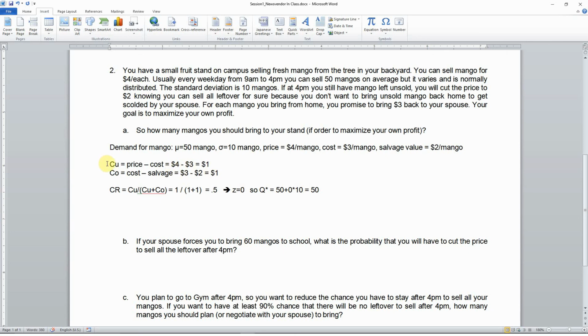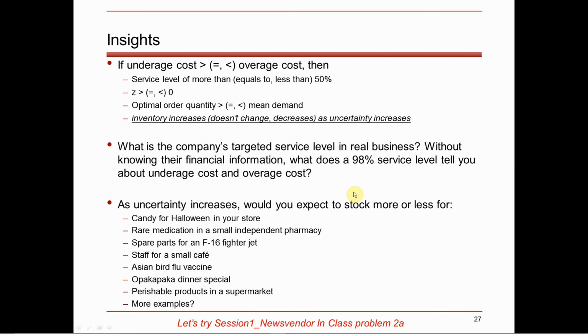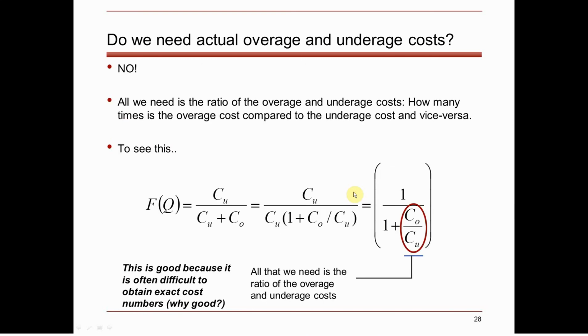This is grinding it all out. Once we know that the underage and the overage are exactly the same, we already know that we should just keep the average demand because the critical ratio is going to be 0.5. So we didn't actually need to grind that out, did we? Just keeping things straight is all you need to do.